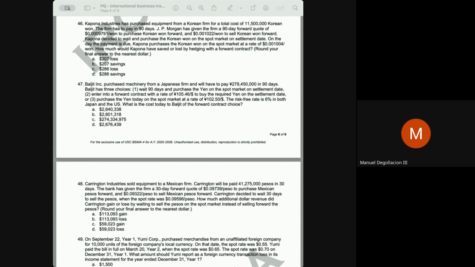That is the percentage of interest already embedded in the 2,640,000 that we will need to pay in 90 days under the forward contract. So basically, the present value is equal to 2,640,338 divided by 1 plus I, or in this case, 6% times 90 over 360.